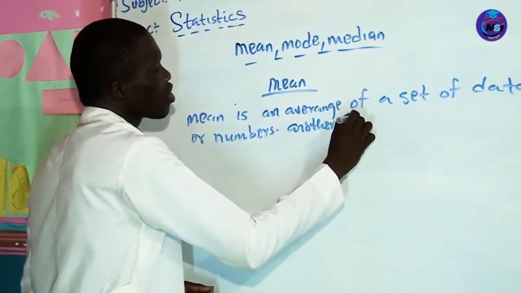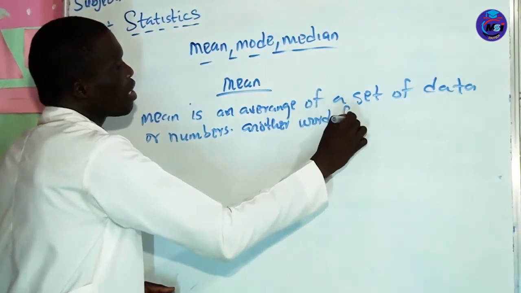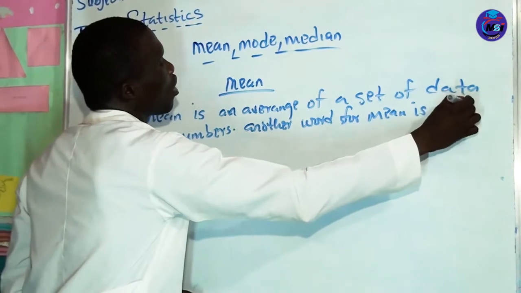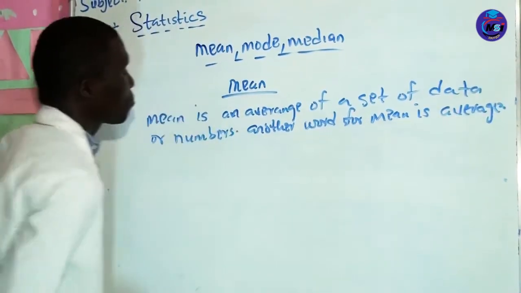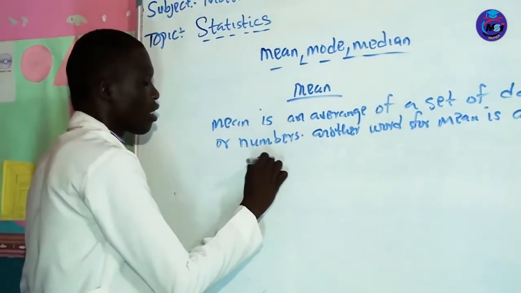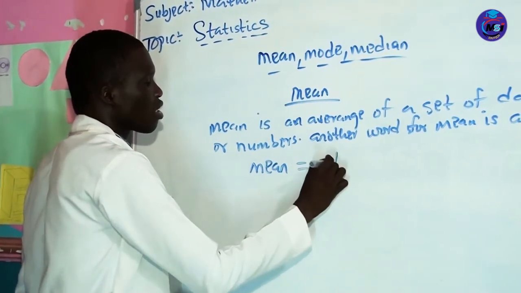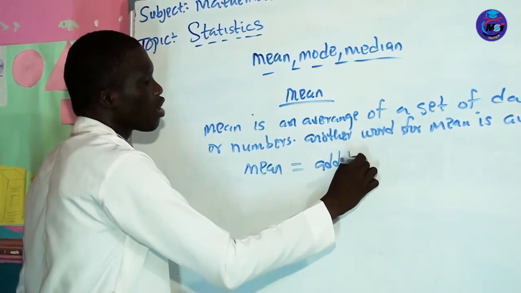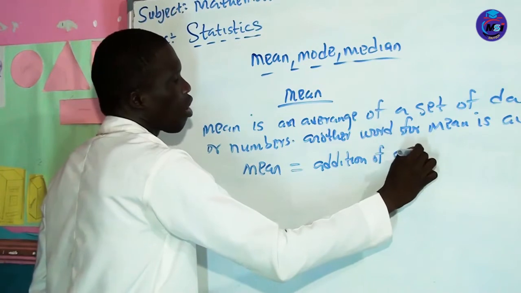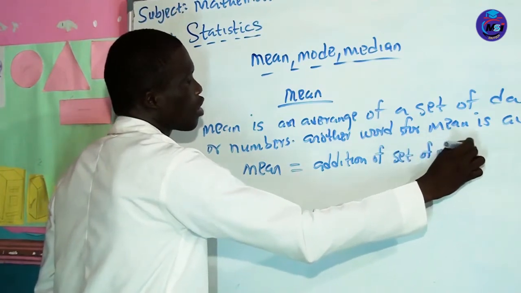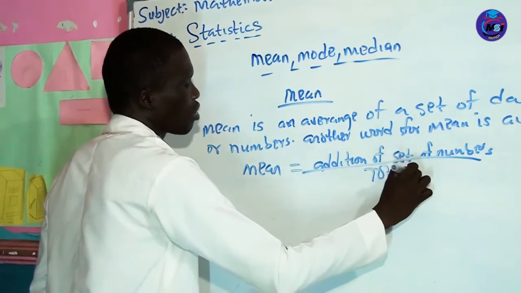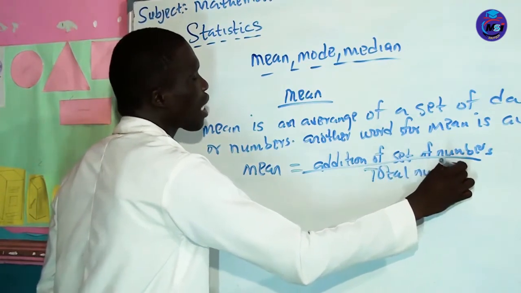Now how can we find mean? Mean equals the addition of a set of numbers divided by the total number. Don't get confused at this.